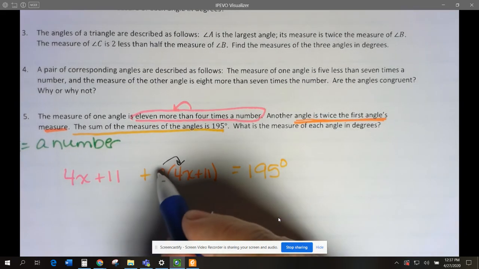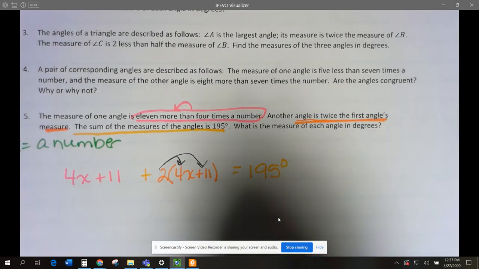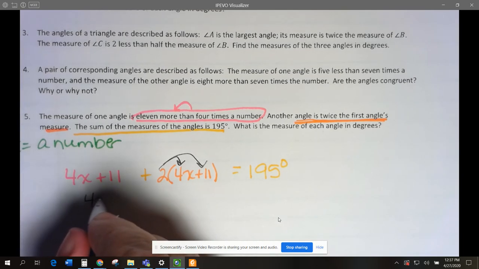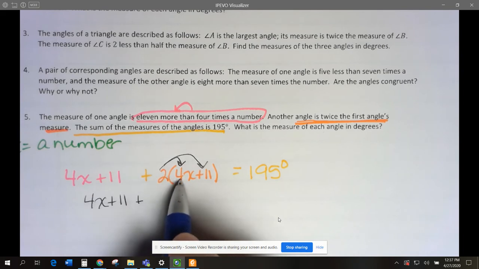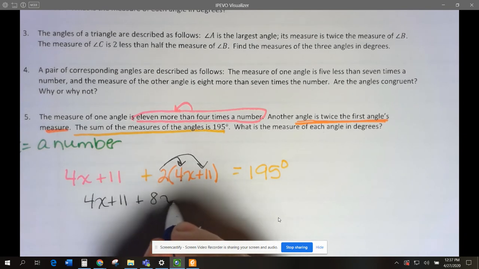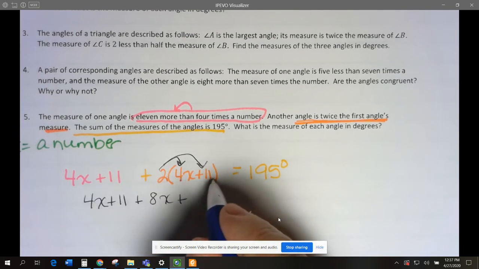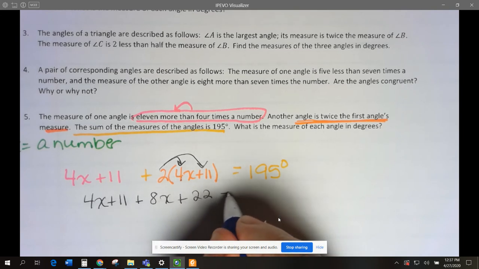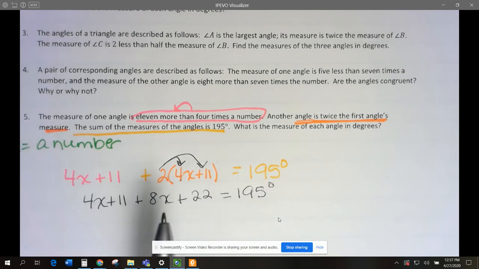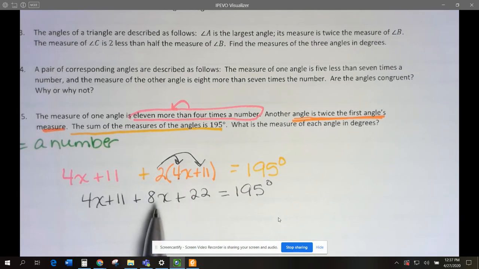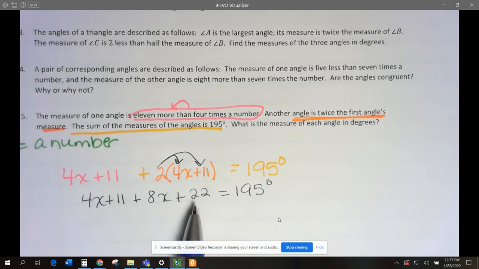We're going to have to distribute this 2 out. So we're going to get 4x plus 11 plus 8x plus 22 equals 195 degrees. 2 times 4x is 8x. 2 times 11 is the 22.